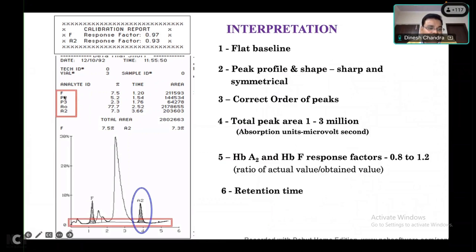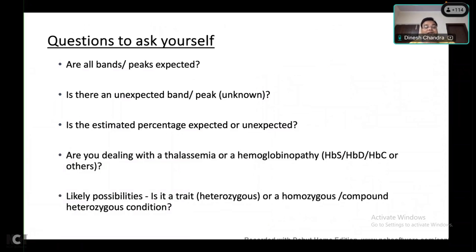It should not be like A2 comes before A. That means there is something wrong. Then total area should be between 1 million to 3 million. And your response calibration curve should not be below 0.8 or more than 1.2. So that is what we have to look for.